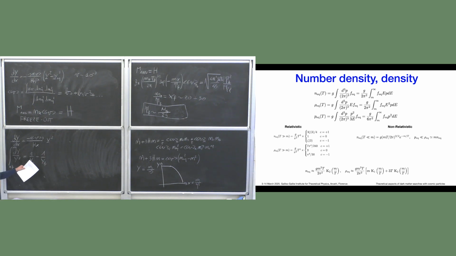This time, instead, we can neglect Y at freeze out, because for sure Y0 now will be smaller with respect to Y at freeze out. So the inverse means that this can be neglected. And so we can simply find that Y0 is roughly equal to the inverse of the same integral from freeze out to infinity of the other side of the equation, sigma v s over Hx dx.